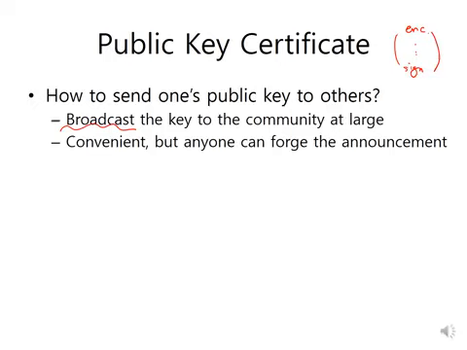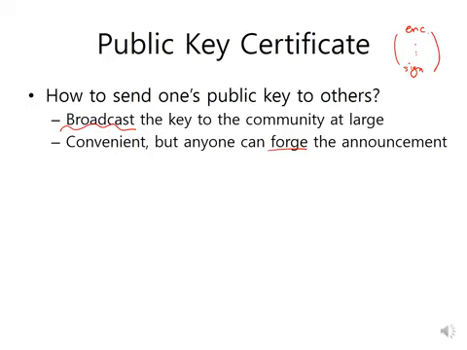However, one limitation of the broadcast is that anybody may forge the public information, right? If somebody forged the public key of a specific user, how can you verify some public key of some specific user in a secure fashion? This is a very difficult problem.